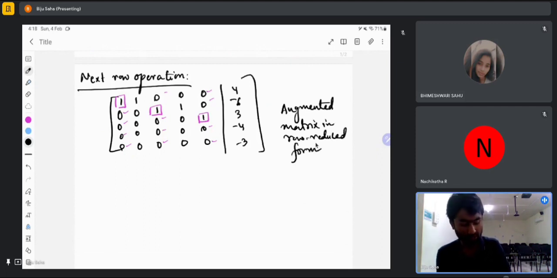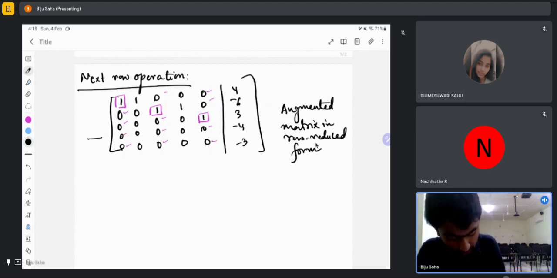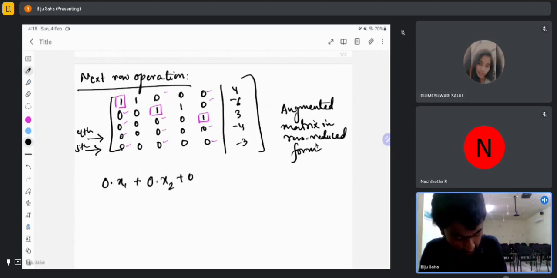Now when I split it into equations, from the fourth and the fifth row I obtain an equation as follows. Every element is 0, and since there are 5 unknowns, it equals minus 4.